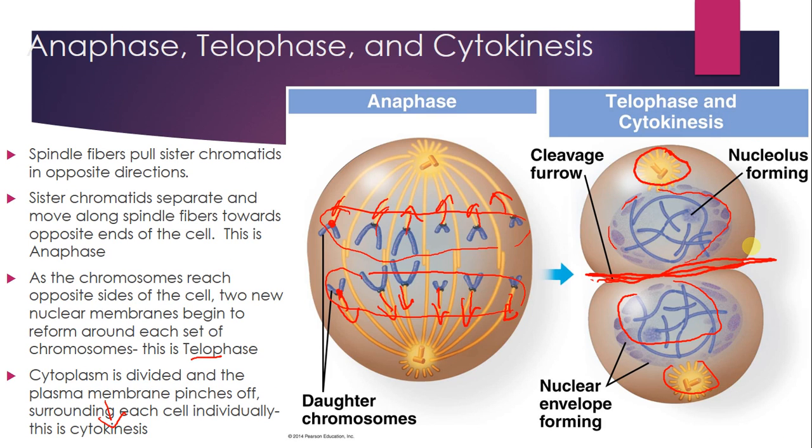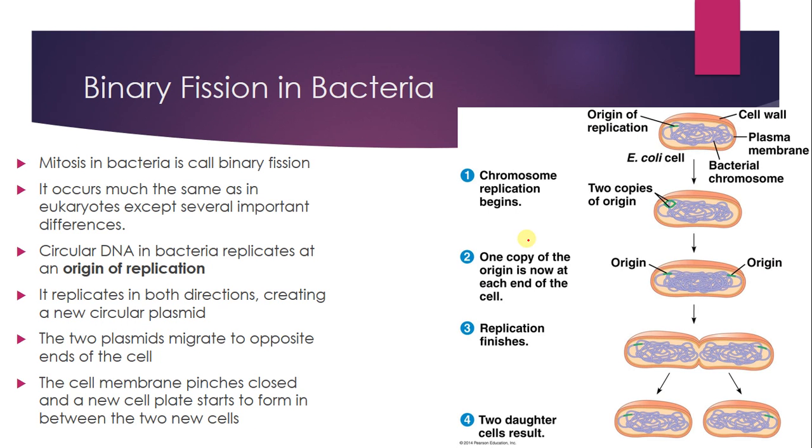So that was basically all the important steps of mitosis for multicellular organisms. In bacteria and prokaryotes, any asexual reproduction, binary fission happens.